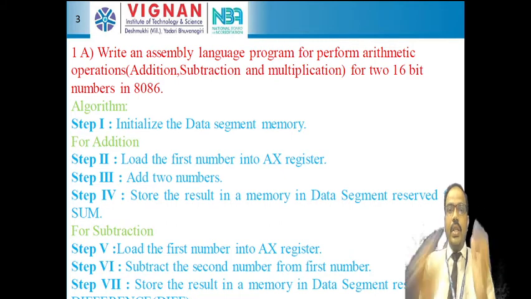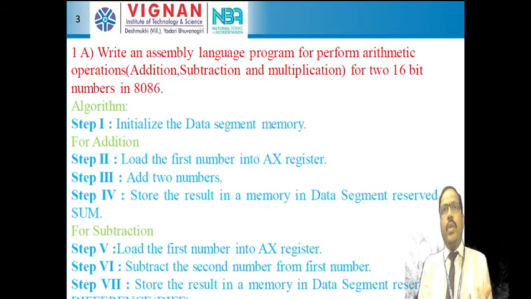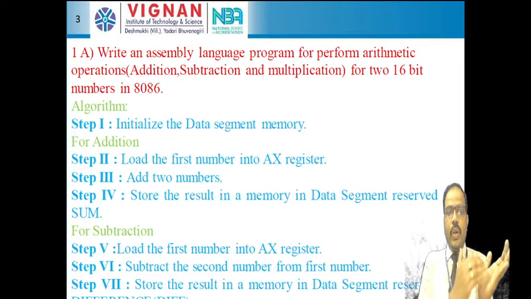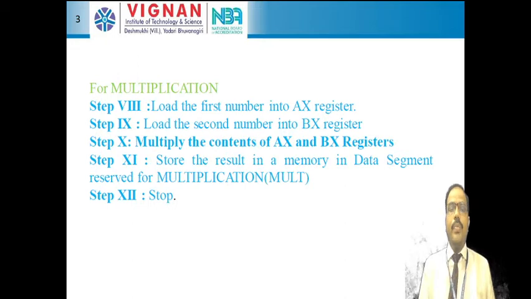In the initialization of the data segment, we will reserve some memory for sum, difference as well as multiplication. For subtraction, load the first number into the AX register and subtract the second number from this first number stored in AX. Again the result is stored in AX, but we have to store that result in the memory reserved for difference.